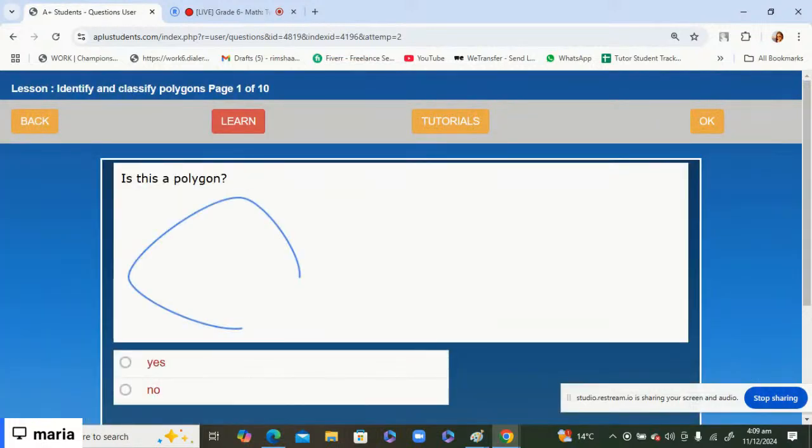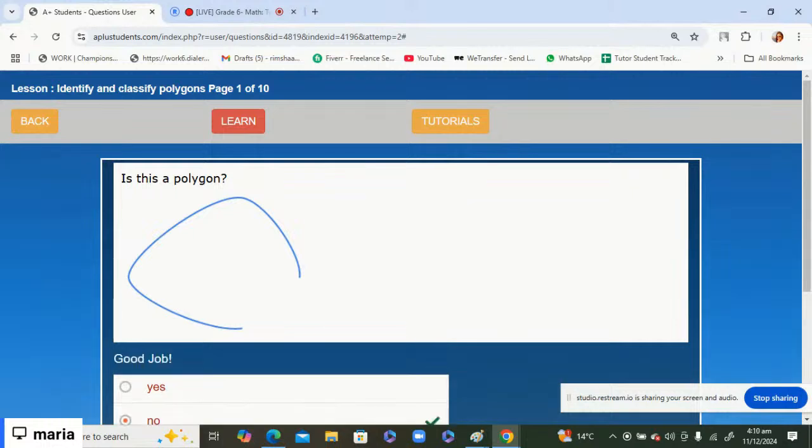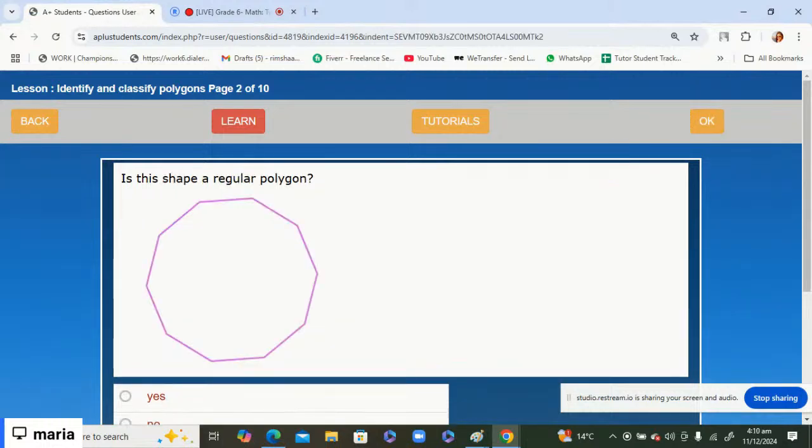So look at the shape. Is this a shape of a polygon? No, we already know the shapes of polygons, so we can say that no, this is not a polygon. Is this shape a regular polygon? First of all, check it out.